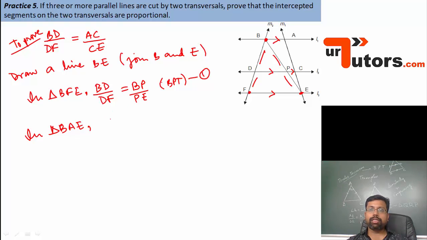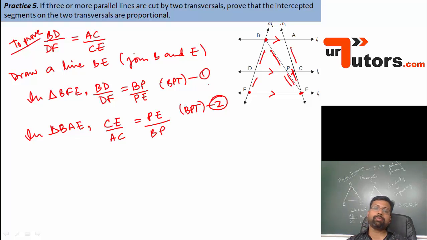So in triangle BAE, you have CE by AC equal to PE by BP by basic proportionality theorem.